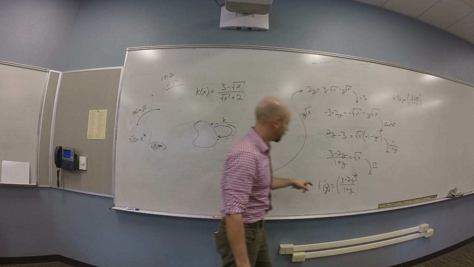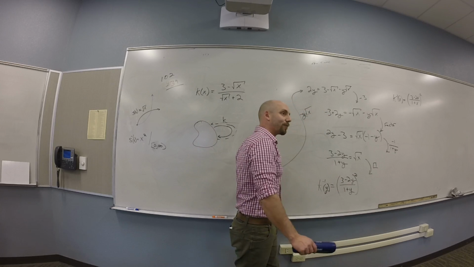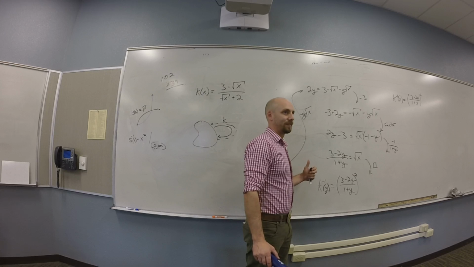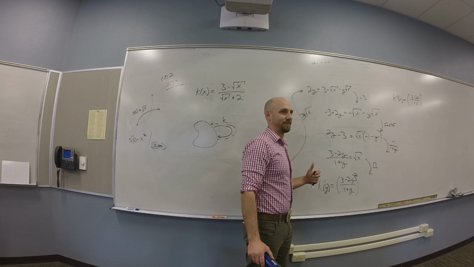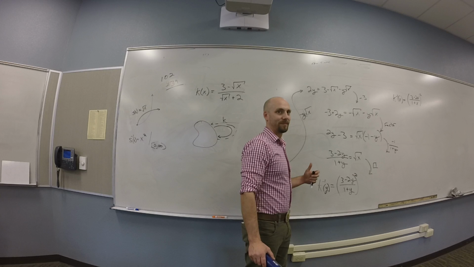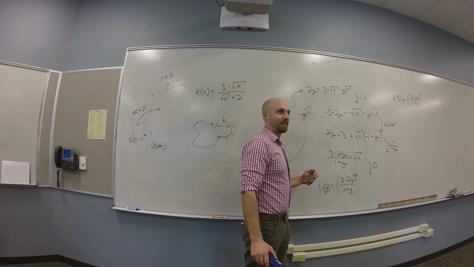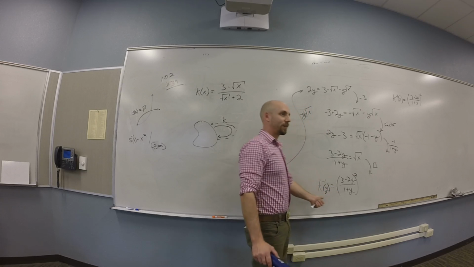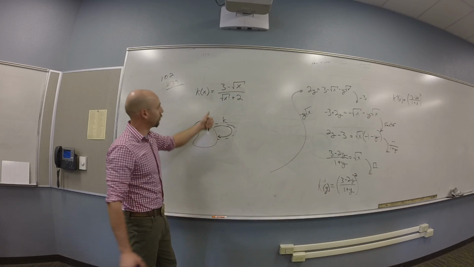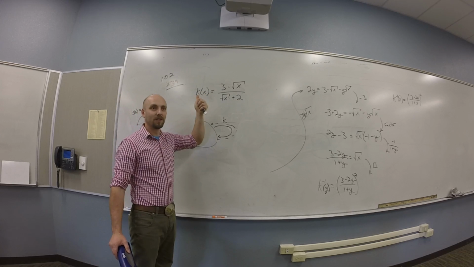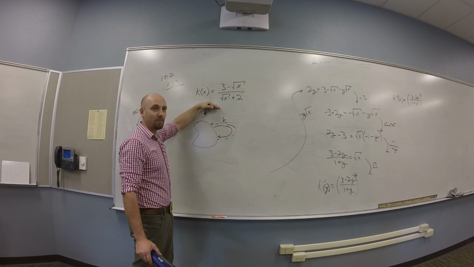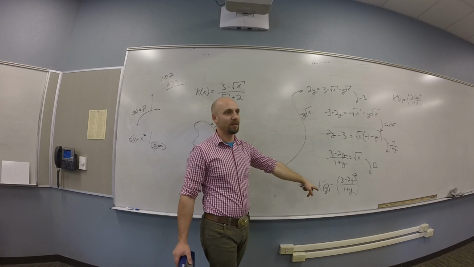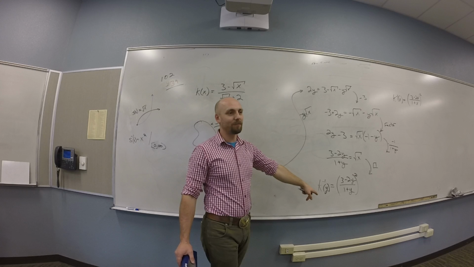If you graphed this function and the other one, they would be the same. If you graphed k of x, using x as the input and y as the output, and k inverse of y, using y as the input and x as the output, they would be the same picture.